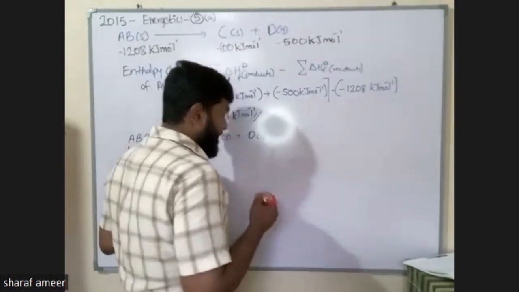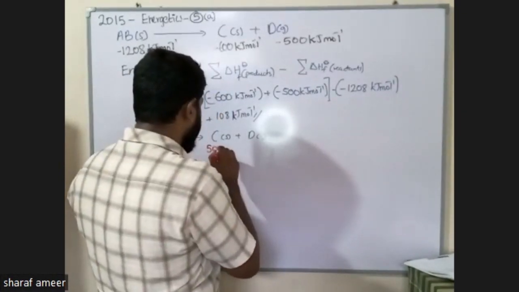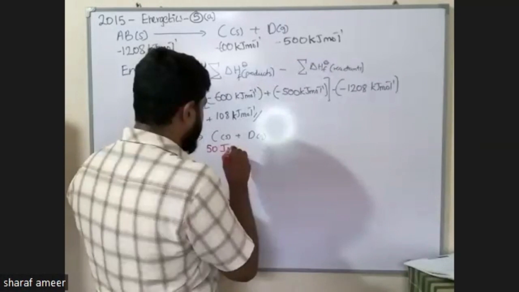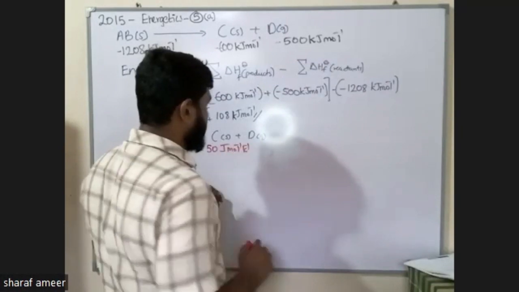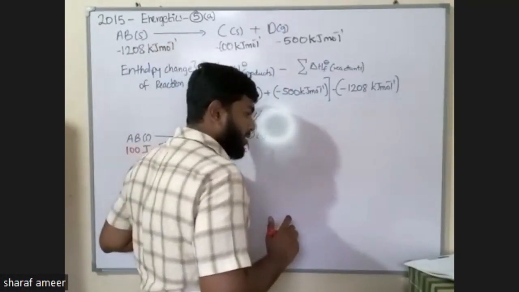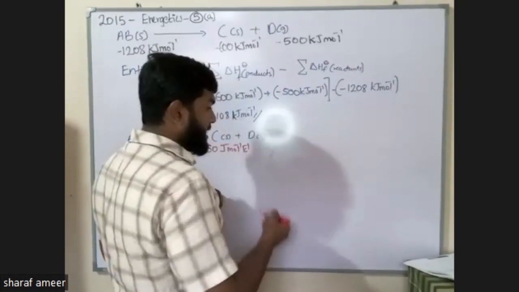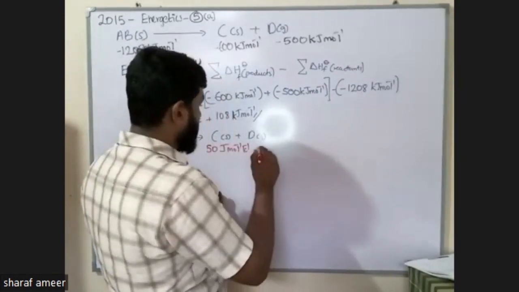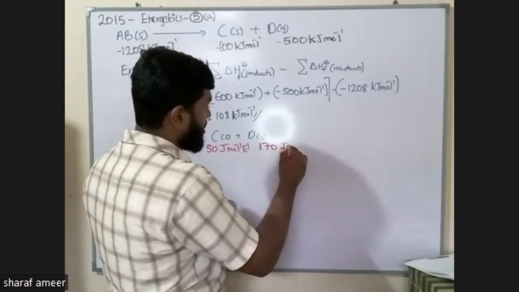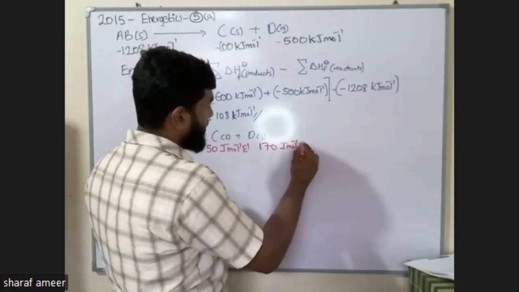For C, it is 50 joule per mole per Kelvin. Then for D gas, that is 170 joule per mole per Kelvin.